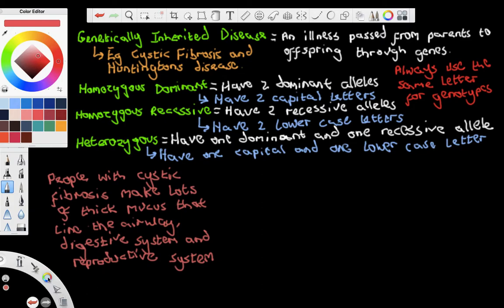So we can say, and I'm going to put it in red because this is important to understand today's lesson, we can say that cystic fibrosis is a genetically inherited disease.